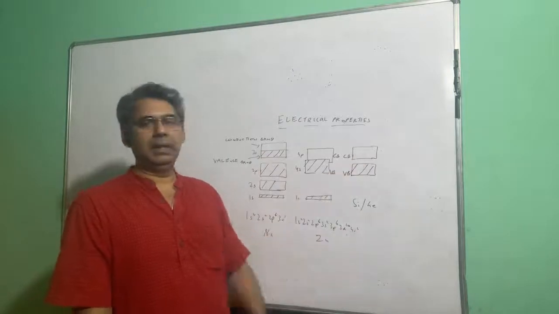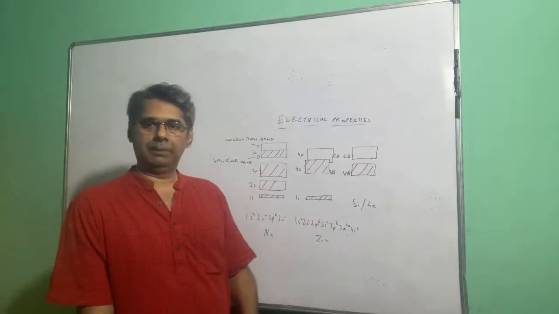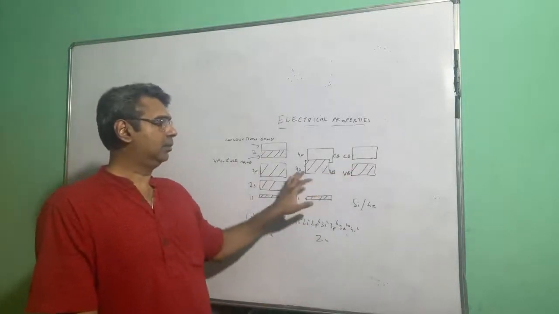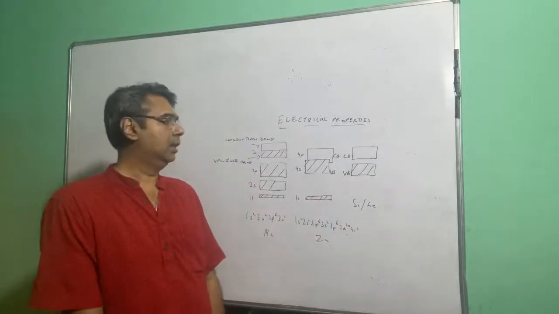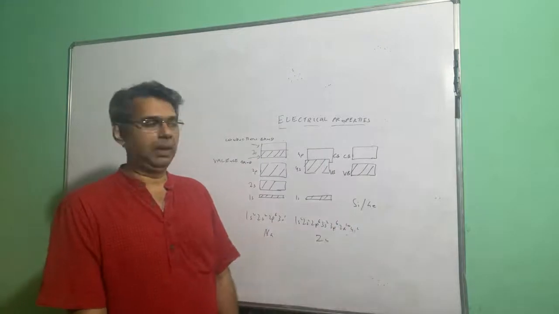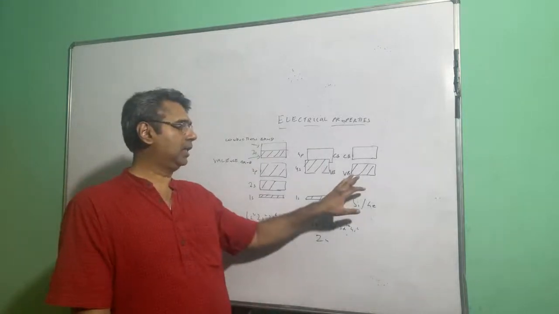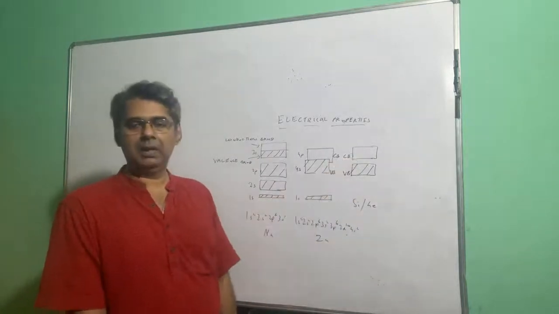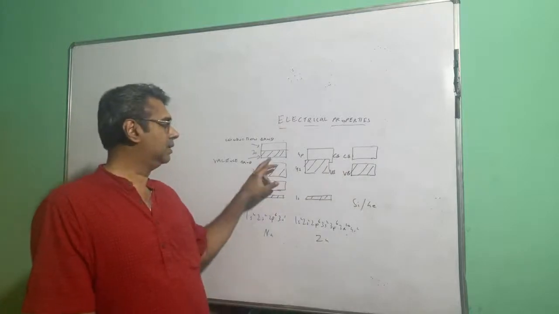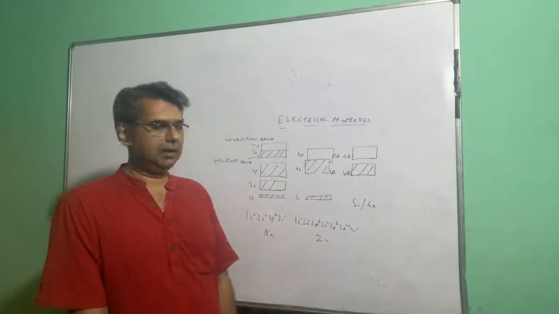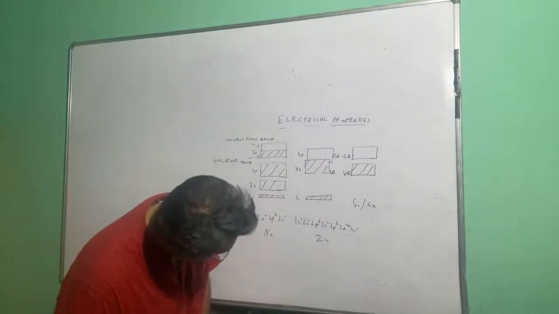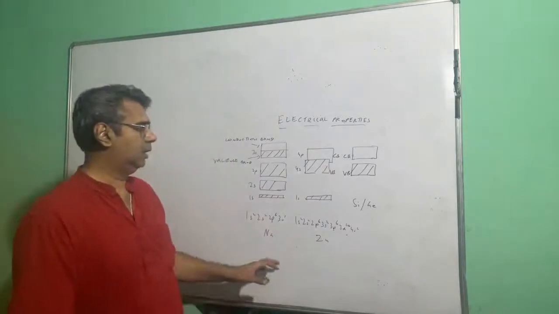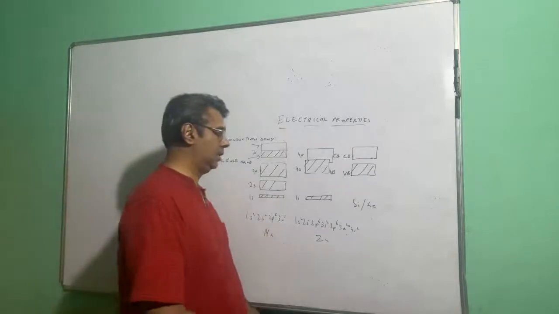Silicon and germanium are called semiconductors because there is a gap, but the energy needed to promote an electron from valence to conduction band is significantly higher than the energy needed here or here. That is why their conducting nature is between conductors and insulators.